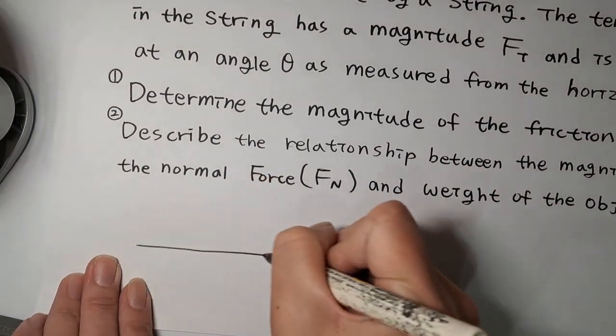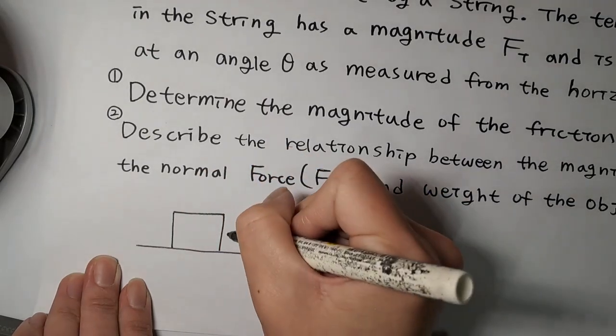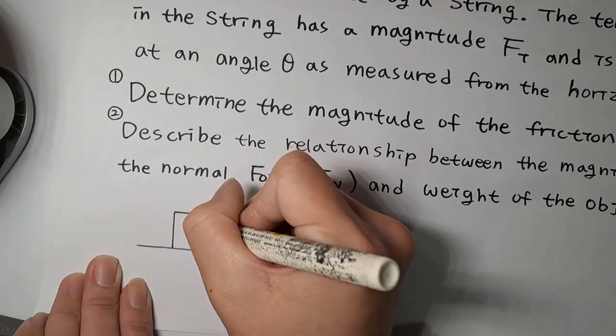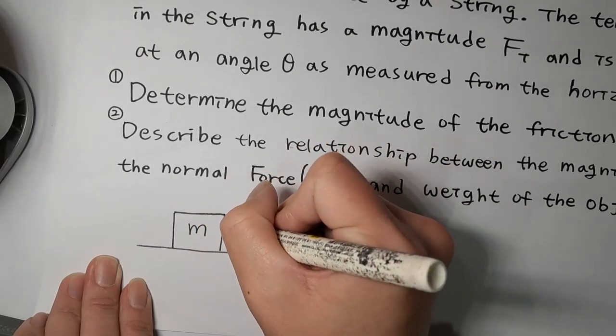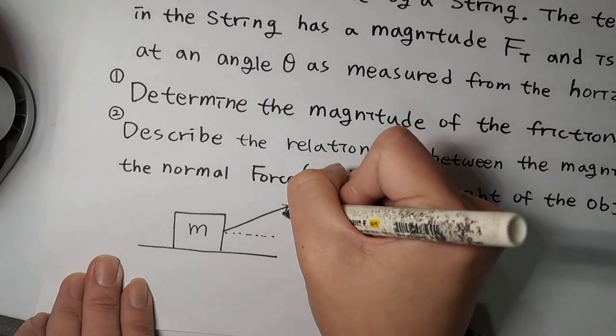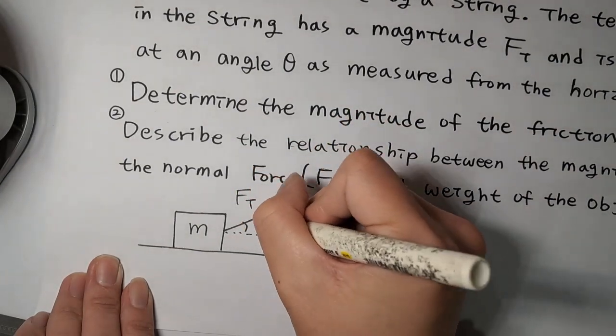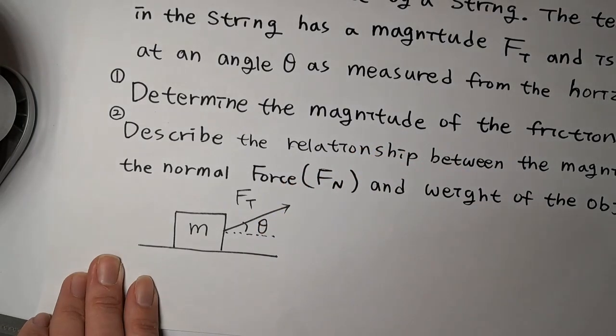So this is the mass m object, and this is going to be the force of tension, and this is the angle.